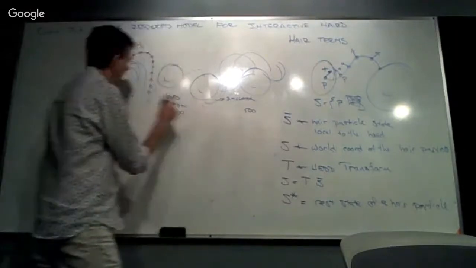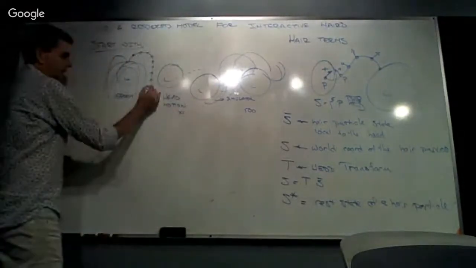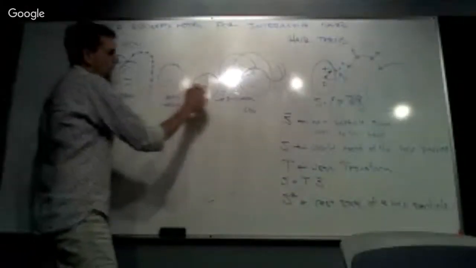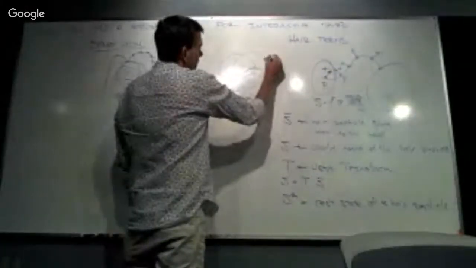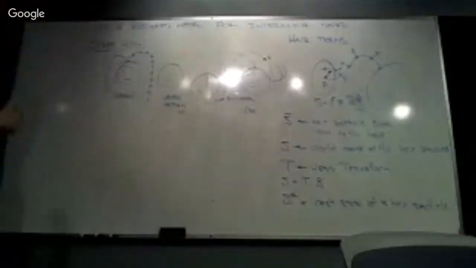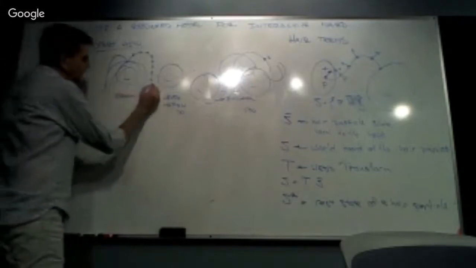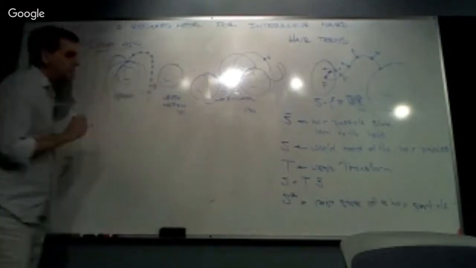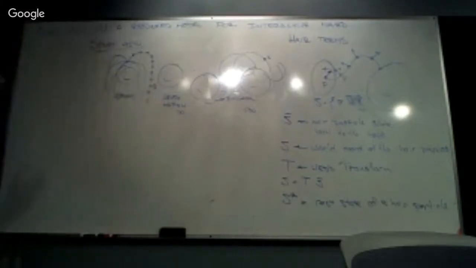First of all, the position of that particle in world space, when you've simulated, when you're moving it around. S bar, particle local to the head at the origin, looking down the x-axis. It's the local space coordinate of the hair particle.